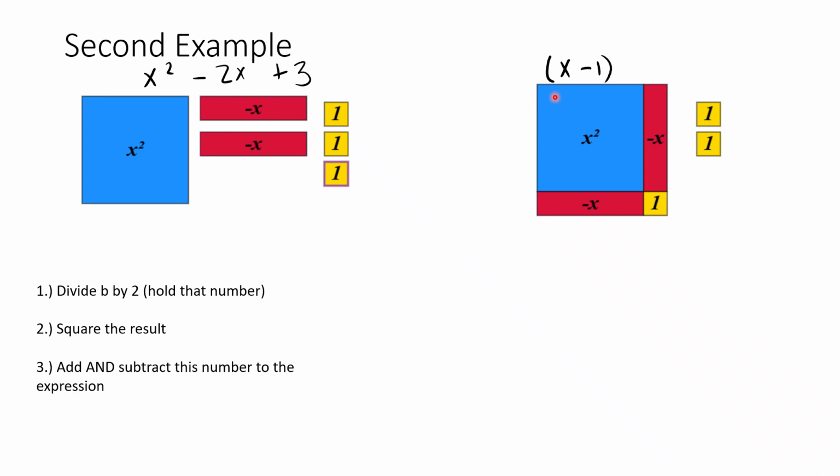So the area here is x minus 1 all squared. And then we have the plus 2. And this one's a little bit more obvious that they are equivalent, because you have 1 blue tile, 2 red tiles, 3 yellow tiles. It's very clearly the same number of tiles, just arranged differently on the page.